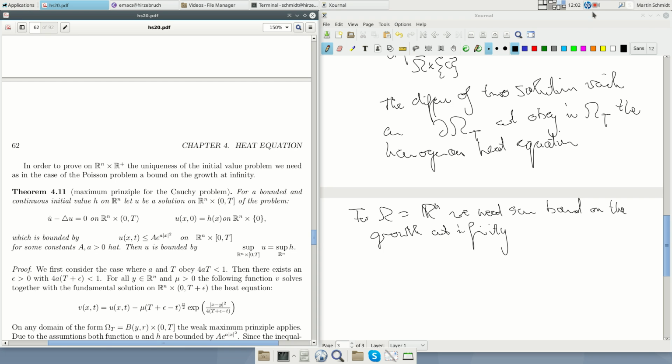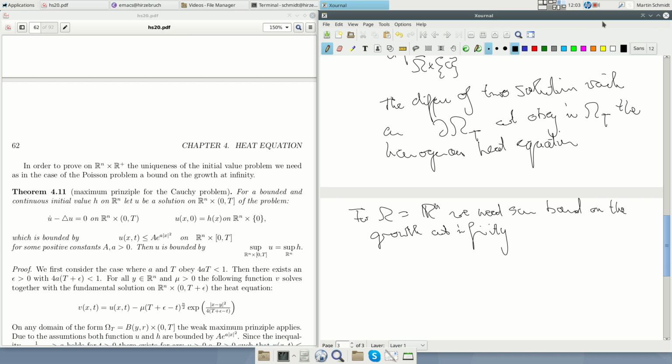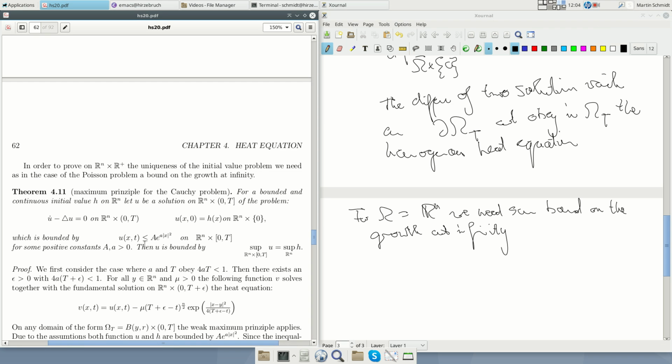Let me remove this mistake. Now I removed this mistake. So the statement is that any solution of this initial value problem, which is bounded by such a function, so this means the growth at infinity, if x becomes very large, is not arbitrary, it's bounded by some exponential function. Then the supremum of u is just the supremum of h, of the initial value.